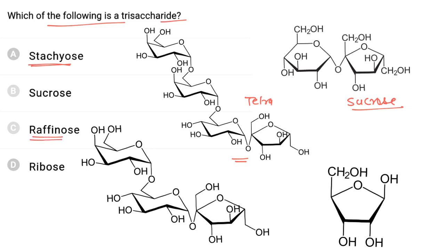Now we have raffinose. Raffinose is a trisaccharide because it has 3 units. On hydrolysis it will give 3 monomeric units, and hence the correct answer is C. Now fourth is ribose. Ribose is a monosaccharide which cannot be further hydrolyzed.